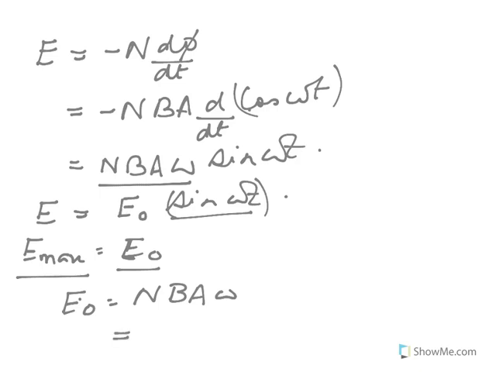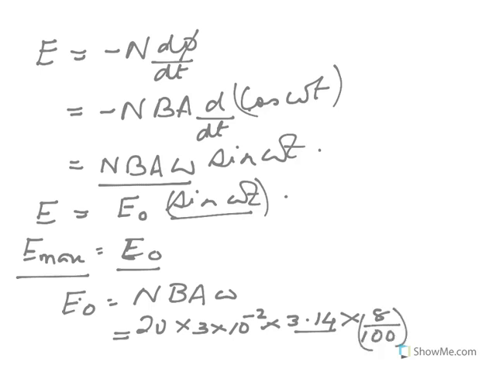So N is equal to 20, B is equal to 3 into 10 to the power minus 2, A is equal to pi r square, so pi can be written as 3.14, r is 8 by 100 whole square into 50. So we get a value of 0.6 volts. So we know the maximum value of E0 is 0.6 volts.